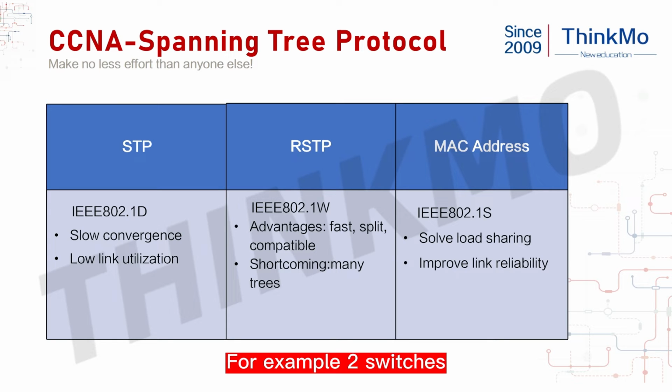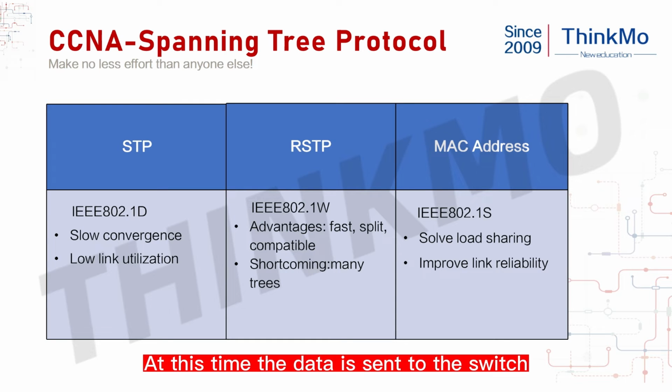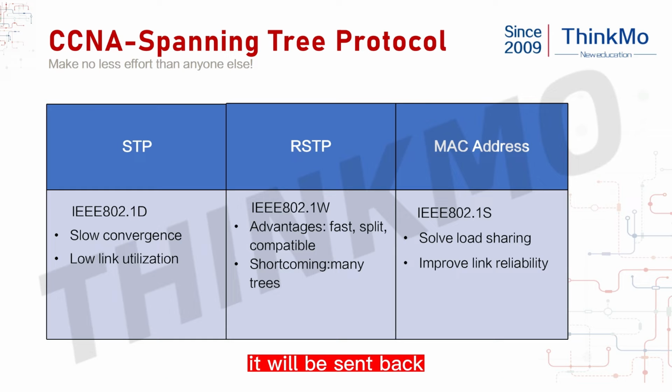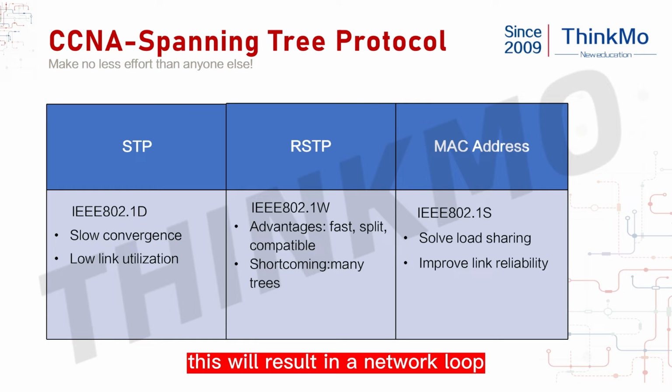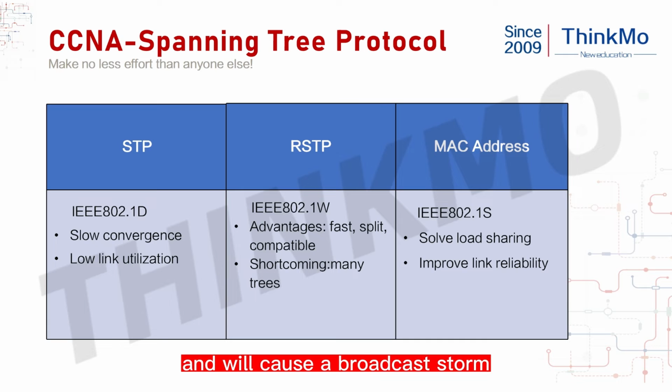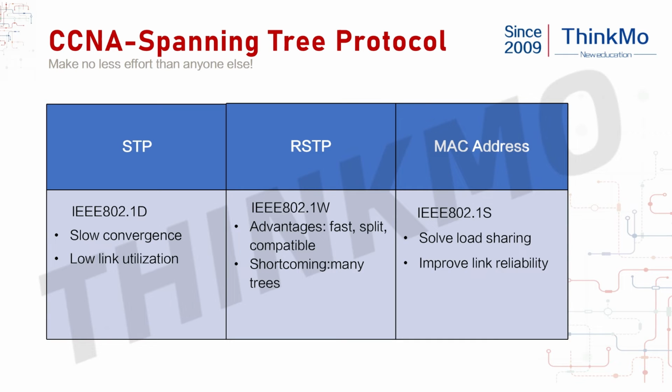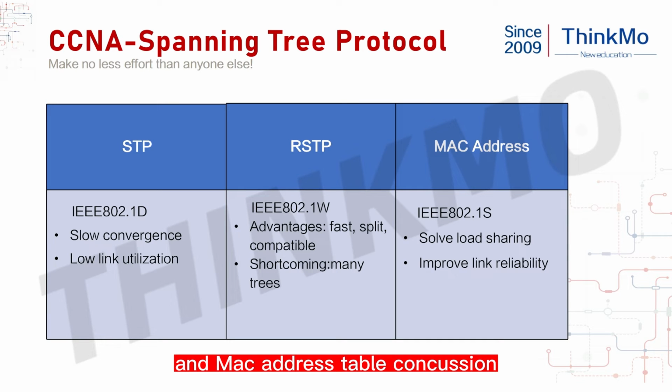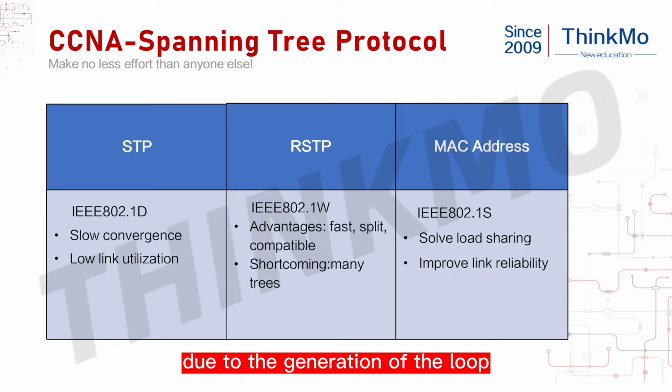For example, with two switches connected by two lines, when data is sent to a switch, it will be sent back. This will result in a network loop and cause a broadcast storm and MAC address table flapping. Due to the loop, it may lead to poor communication quality.